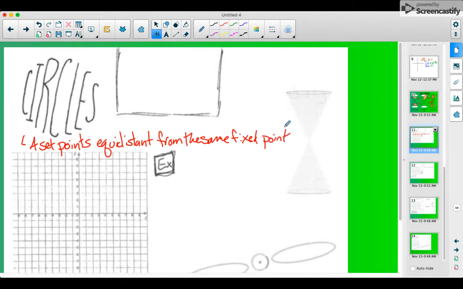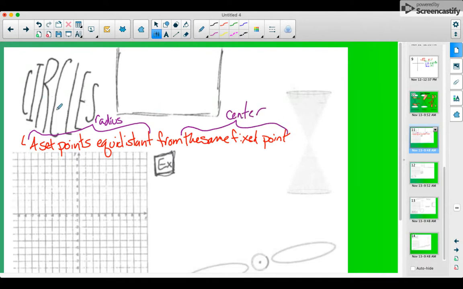That's a very mathy way of saying that a circle is made up of a radius and a center. A set of points that are equidistant, meaning they're all the same distance away, references our radius. The same fixed point references the center.